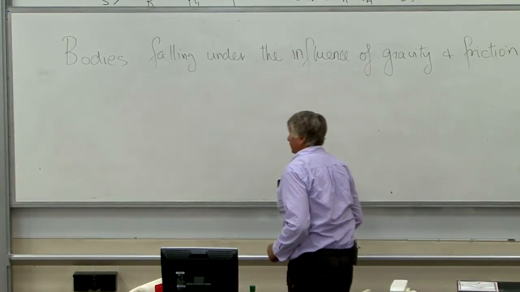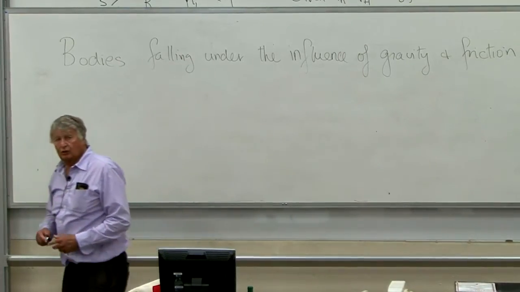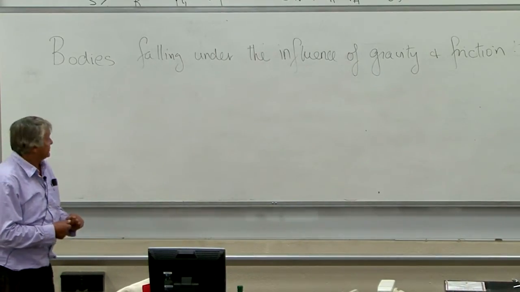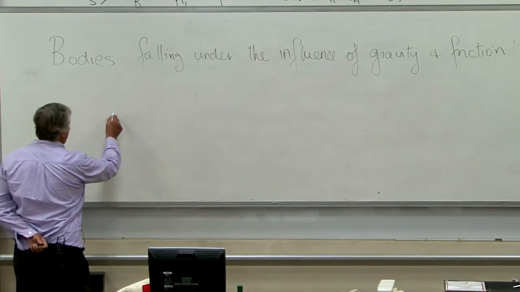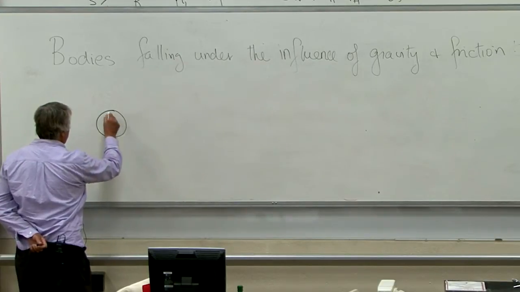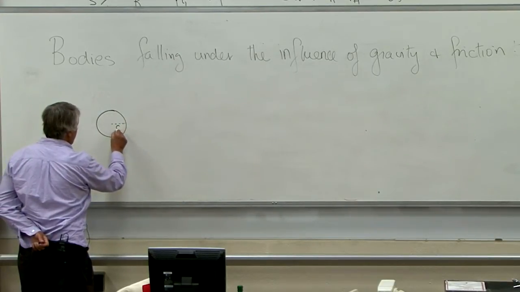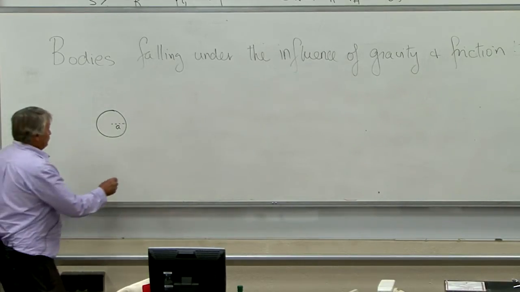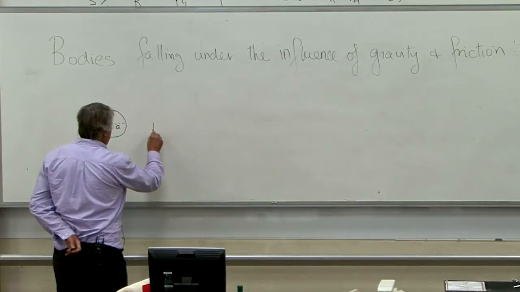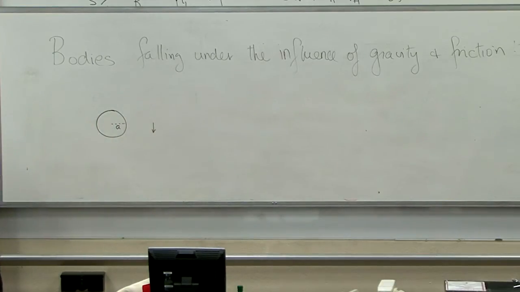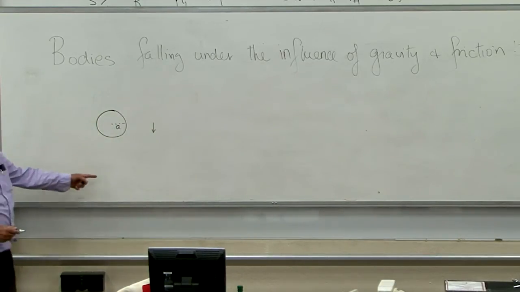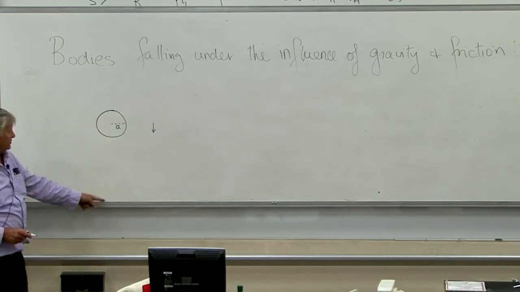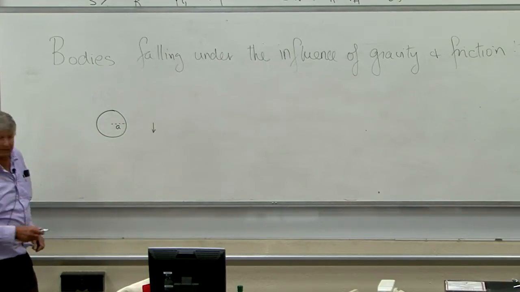Now, I have to tell you a little bit about how friction works. In all cases, we're going to imagine we have a sphere. This is a sphere of radius A. And we'll say it's falling, so it's moving downwards. Alternatively, you can think that we've kept this fixed and the air or the liquid around it is moving up.